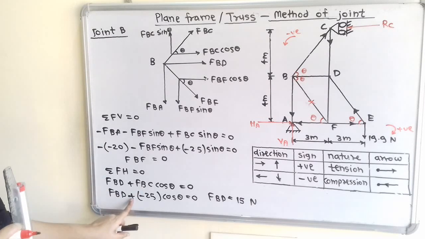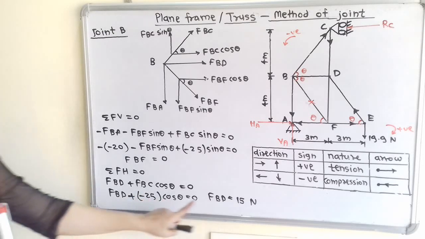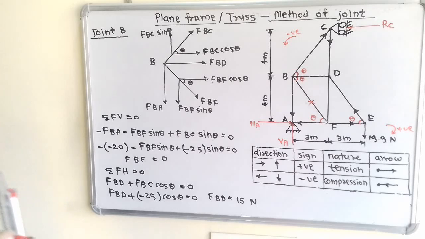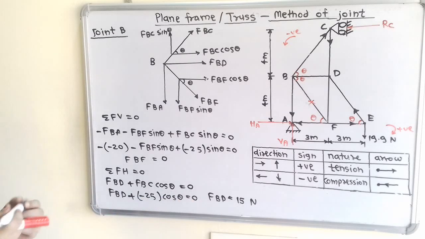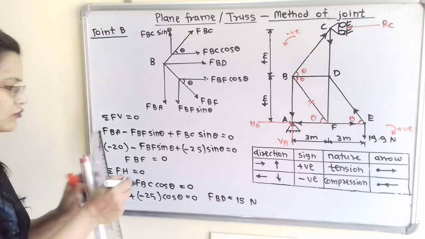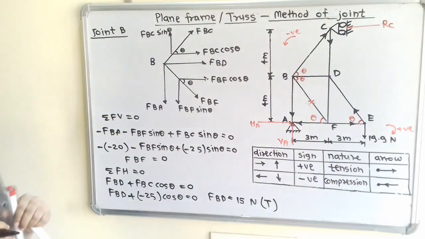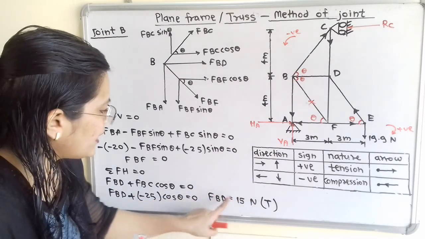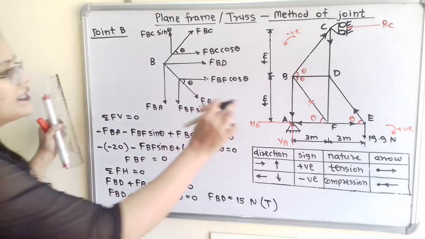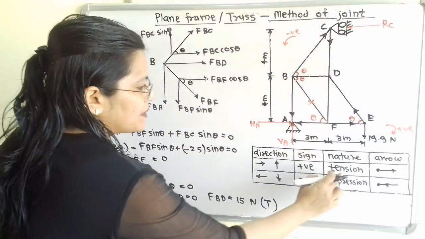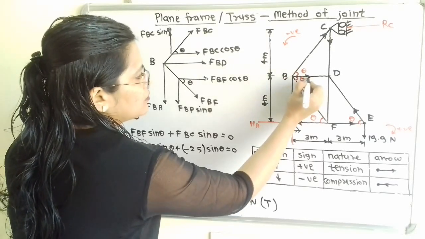So plus FBD plus minus 25 cos theta is equal to 0, and FBD is equal to plus 50 Newton. So here the answer is with positive sign, so nature is tension. Now we have to show this tension in this BD. Tension means we have to show arrow away from this joint B. So I will show this.